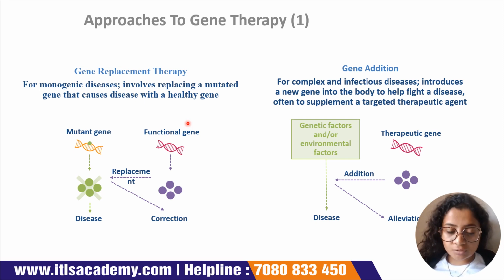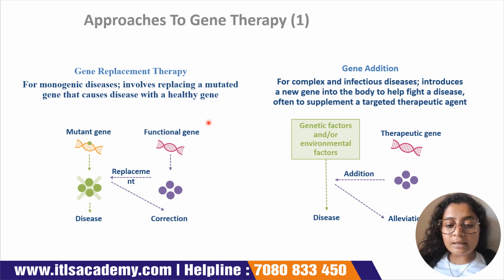So that means it's a monogenic disorder. For such disorders, it involves replacing a mutated gene that causes disease with a healthy gene. Since only one gene is there, if we can just replace that mutated gene with a healthy gene, then the purpose of gene therapy will be served, isn't it? So that will be known as gene replacement therapy.